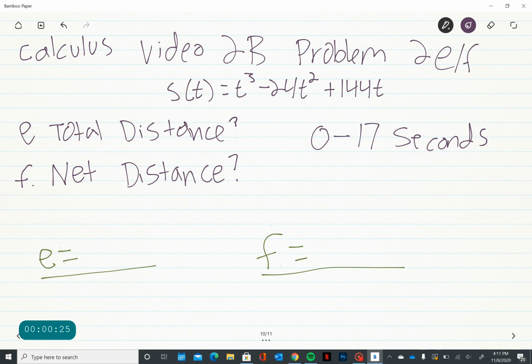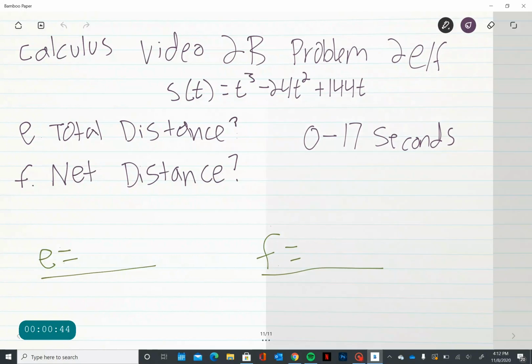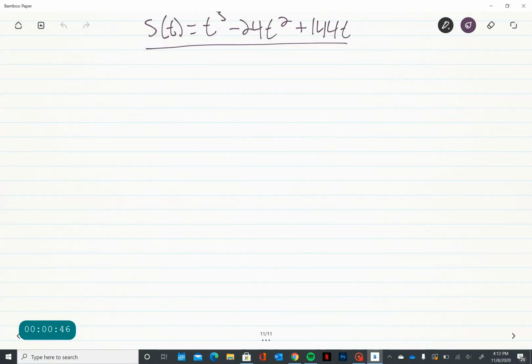To find the total distance, we have to add up all the motions of the bead into one, and then we get the total distance. The net distance takes into consideration whether the particle is moving forward or backwards, and if it's moving backwards, we subtract from the total amount.